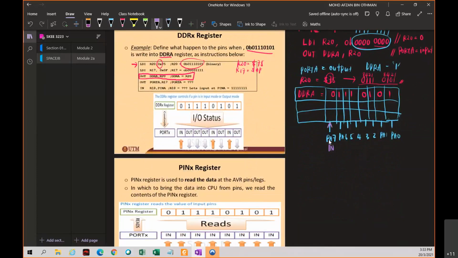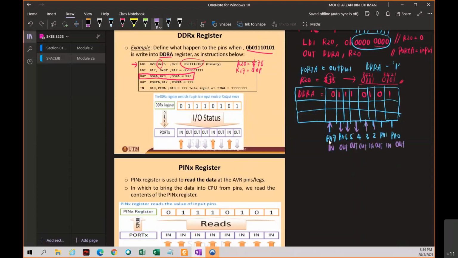Okay, so data akan masuk. PA6 hantar 1. Yang ni output. Yang ni pun 1. So 5 ni pun output. This one is output. Yang ni input, output, input, output.